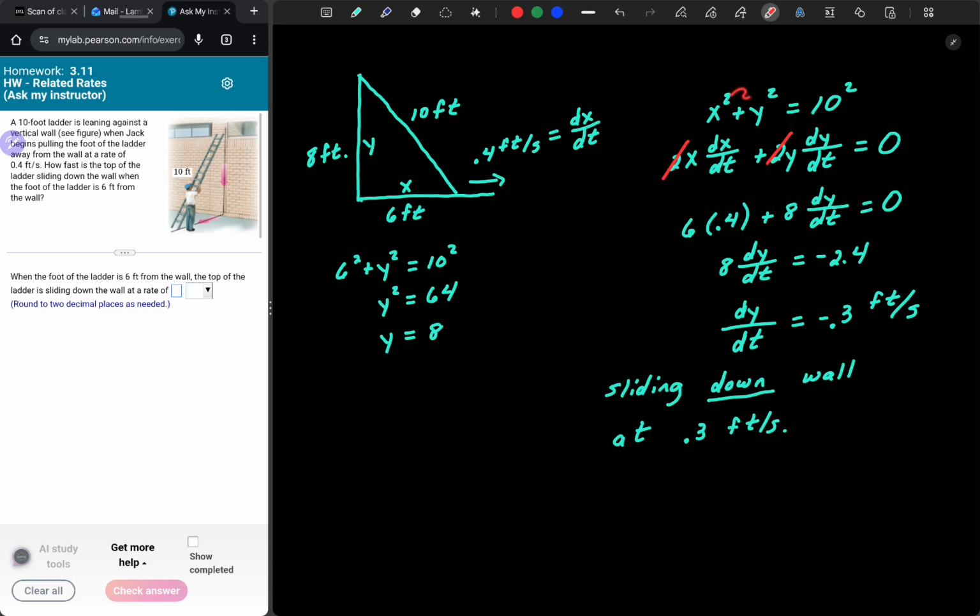So when I take the derivative with respect to time, the derivative of the horizontal is going to be 2 times x times the derivative of the inside. The derivative of x with respect to t is dx/dt. Then I take the derivative of the y squared. I would get 2 times y to the first power times the derivative of what's inside, which with respect to time is dy/dt.